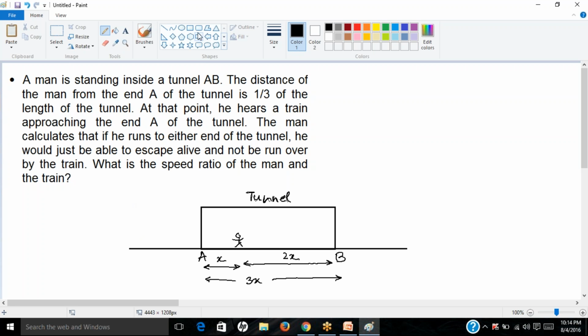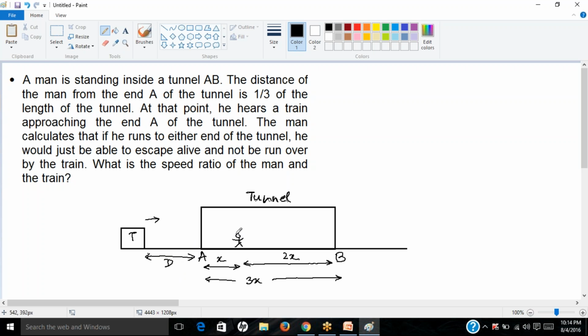Let's say this is your train coming from this point, the T. And the train is obviously some distance away from the tunnel, right? So let us say the distance of the train is D. All of these are unknowns. D, X, whatever.